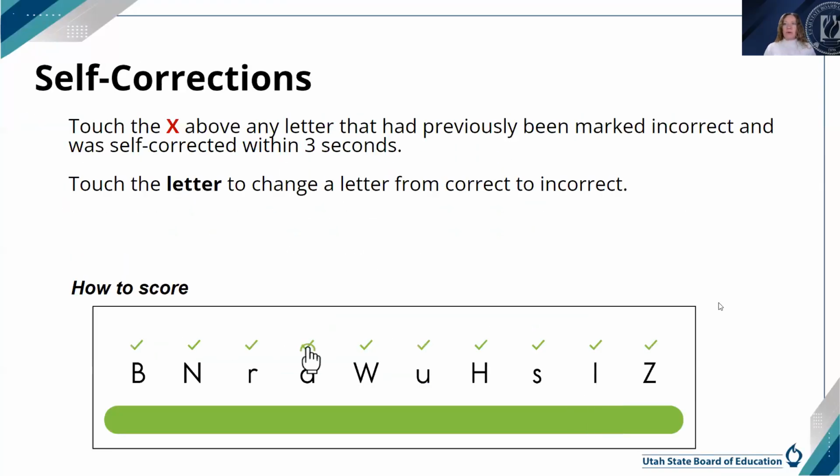But I want you to just try and get in your head as well as possible: how do I change things, correct things? If you need to do a self-correction of the incorrect item, touch the red X and it will change to correct. If you have something marked correct and you need to change it to incorrect, touch the letter and it will be incorrect.